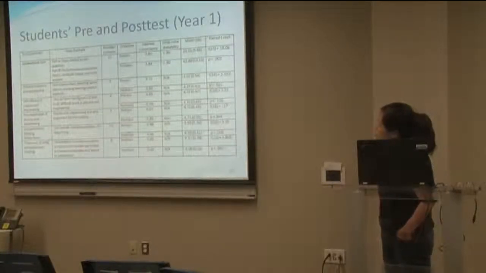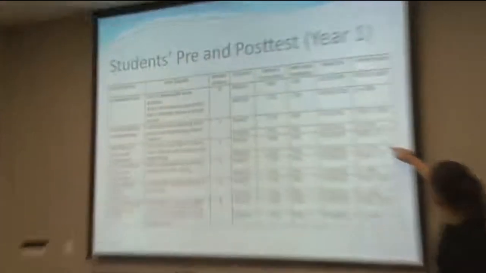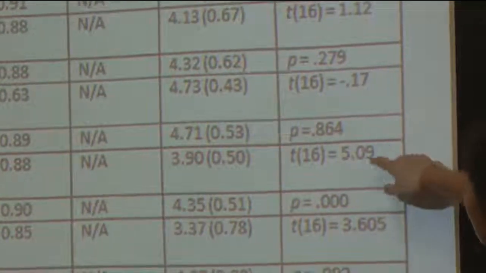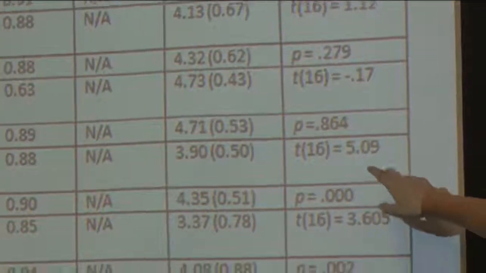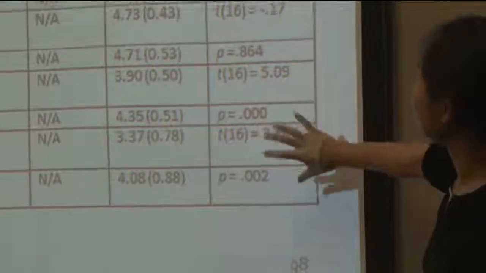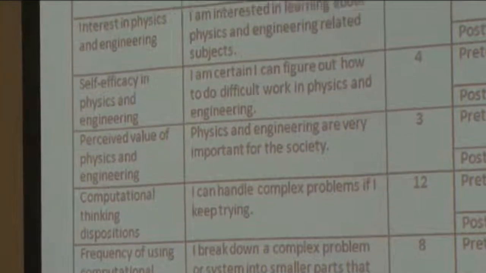Self-efficacy in physics and engineering didn't improve significantly, and this one, perceived value, didn't. But the CT dispositions and the CT use both improved significantly. And the interest in physics and engineering also improved significantly from pre to post.